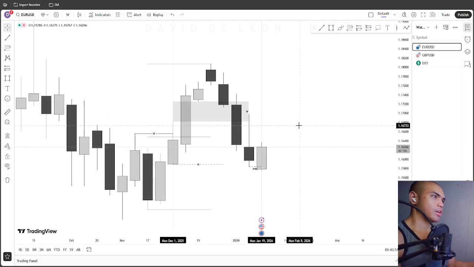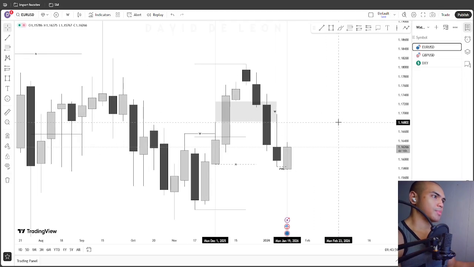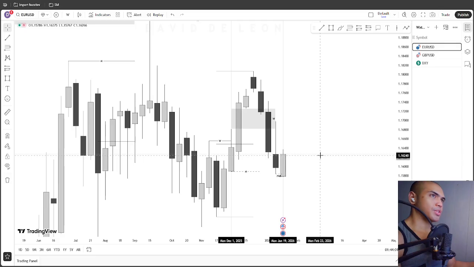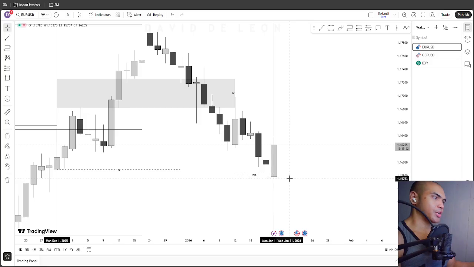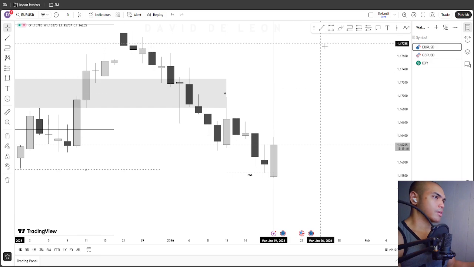So let me zoom in to the daily chart, going down to the daily chart. We can see that Monday just gapped down and then it's now pushing higher.